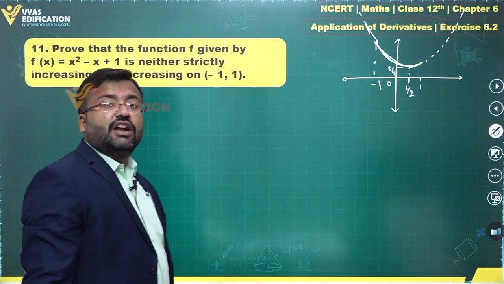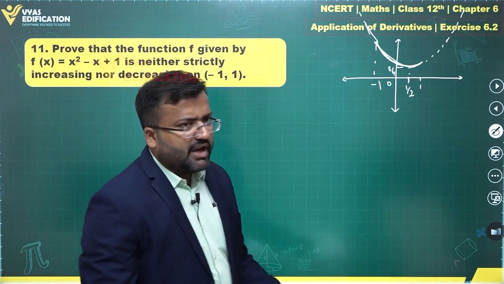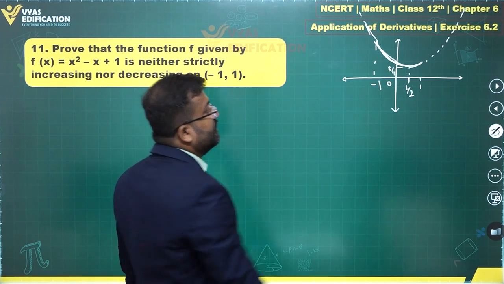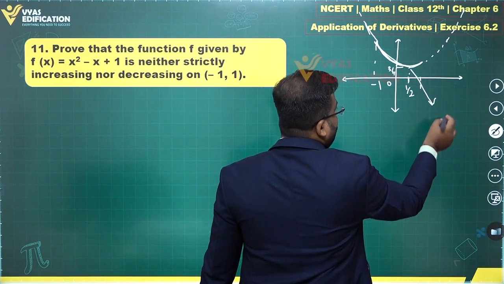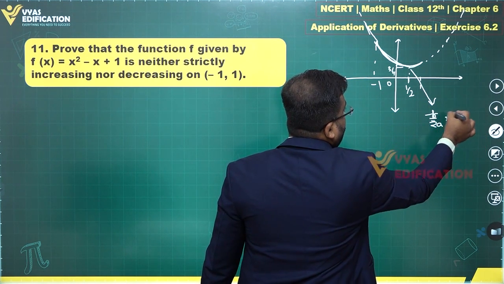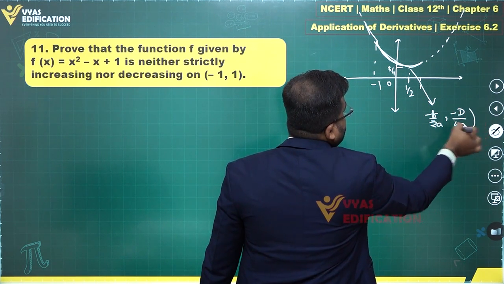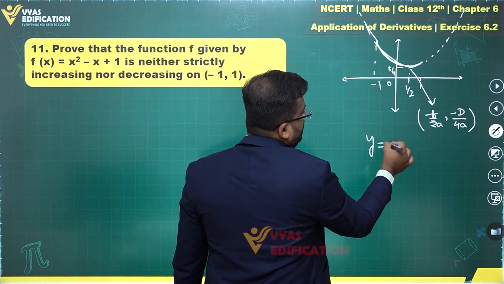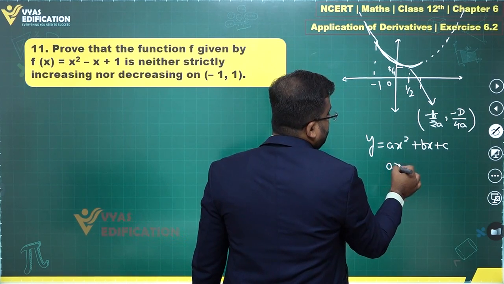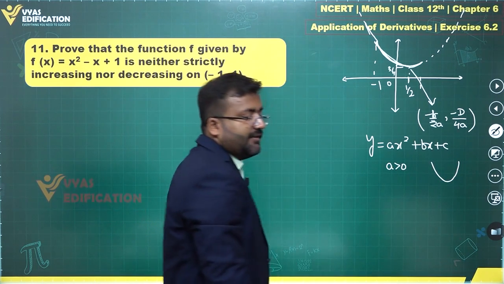How did you draw the graph? I drew the graph using concepts of parabola, right? The quadratic graph is pretty simple. You can find the vertex easily, and an upward facing parabola can be drawn. Vertex will be minus b by 2a, minus D by 4a. D is the discriminant. This is a graph of y is equal to ax square plus bx plus c. For a greater than 0, the graph will be upward facing.